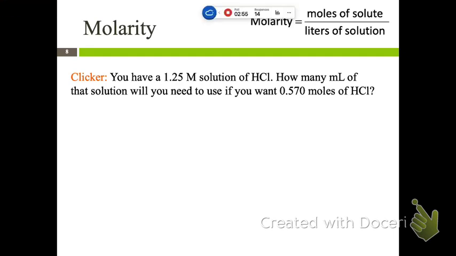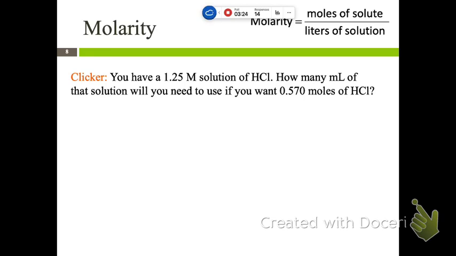So careful. Very first thing I want you to do is unpack that. What does that mean? 1.25 M. Of, what does the M mean? It's here. The very last one. Moles of what? Over.